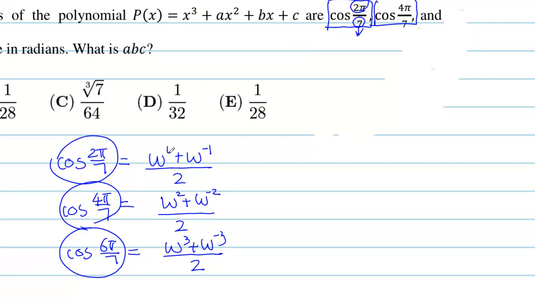Now let's find the A, B, C. A is what? The sum of the roots is negative A. The product of all three roots is negative C. The sum of the products of every two roots is B over 1, which is B, isn't it? Using Euler's formula, you can find A, B, C. This is very useful.